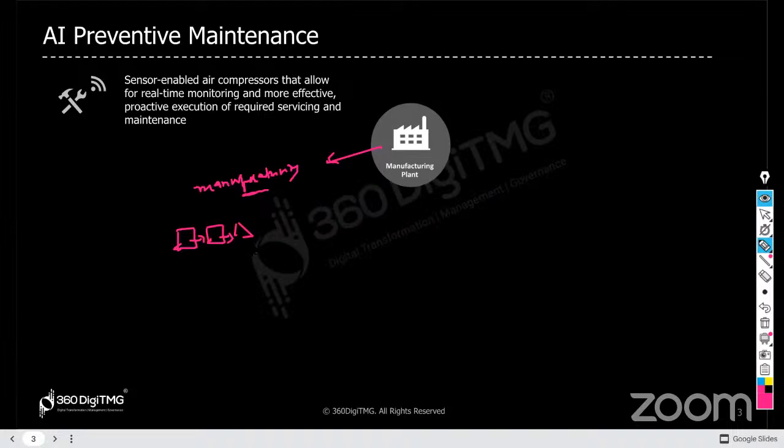There will be a lot of components present in your manufacturing plant, but there are some components which are very critical. First of all, you have to figure out what components are critical and what components are non-critical. And then you need to ensure that all your critical components are working properly.